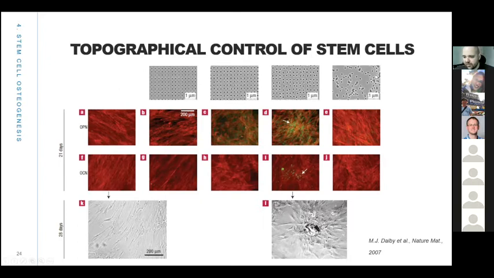If we take a fully randomized pattern, then the cells respond differently again.